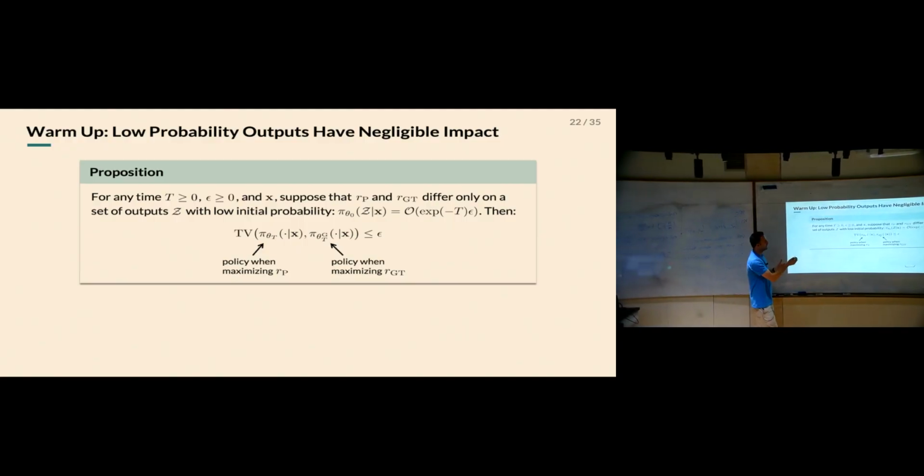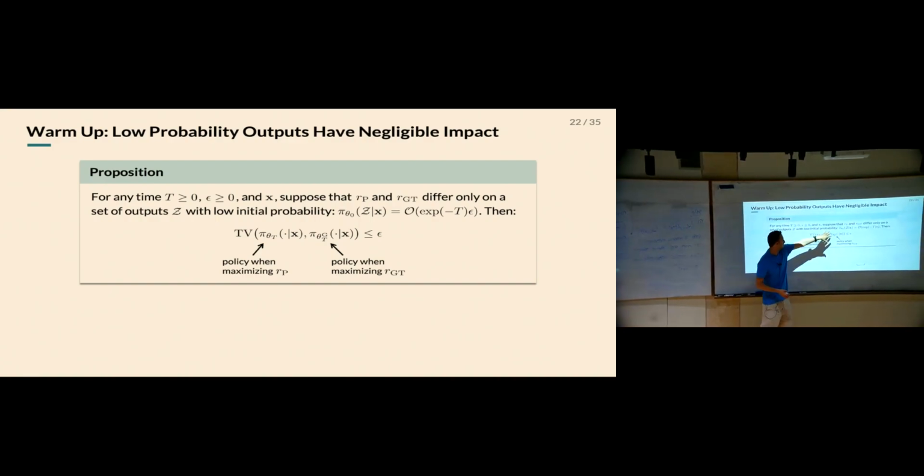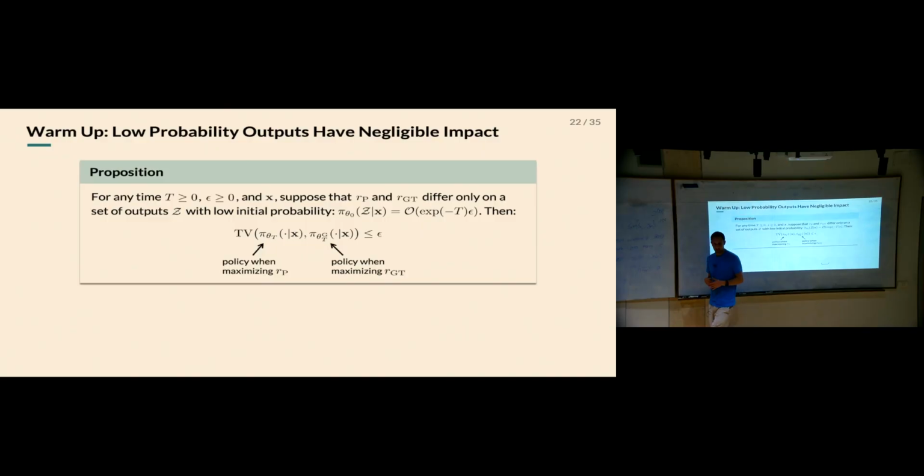Essentially, it doesn't matter if you train with the proxy reward function or the ground truth here, as long as they only disagree on low probability outputs.